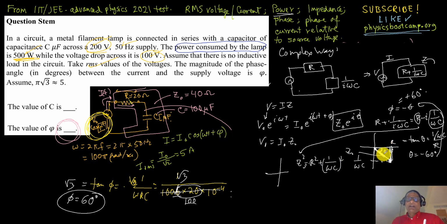In a previous video I said that once you go into complex analysis, you can do every single AC circuit problem very readily. So it's worth your while to learn how to do it in a complex way.